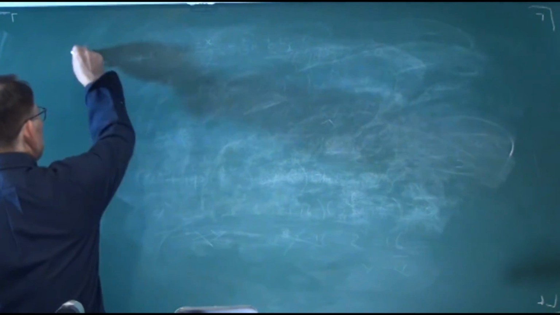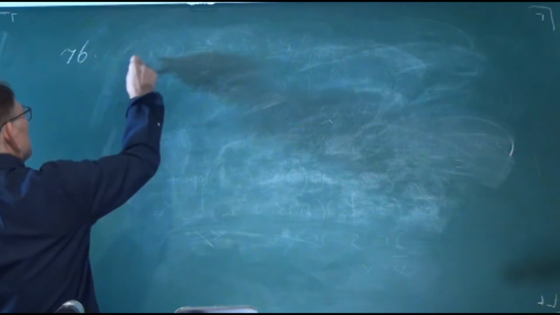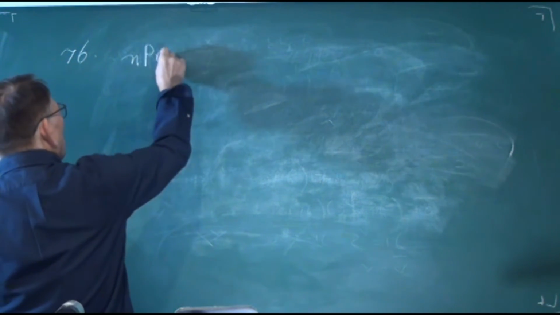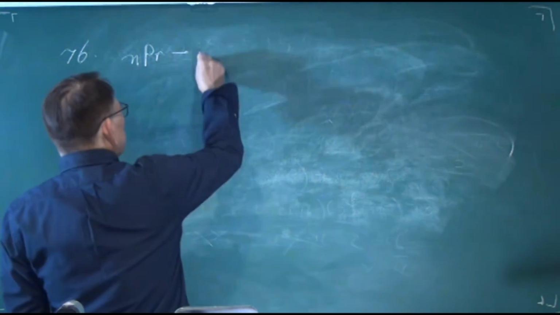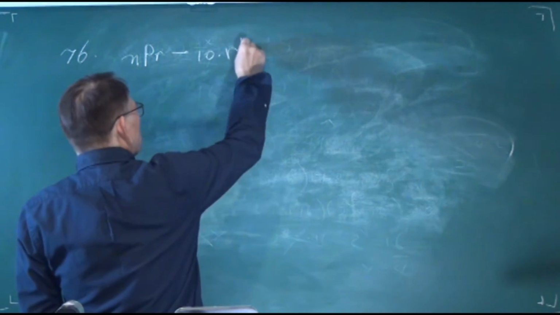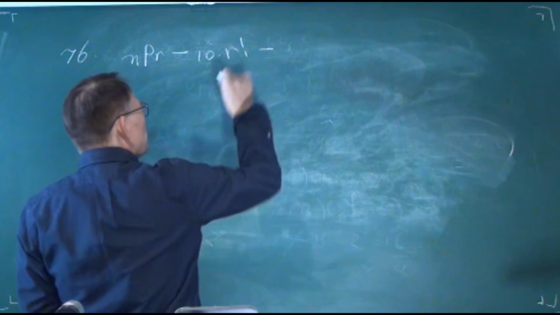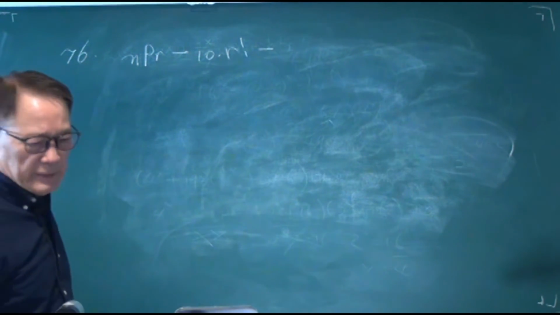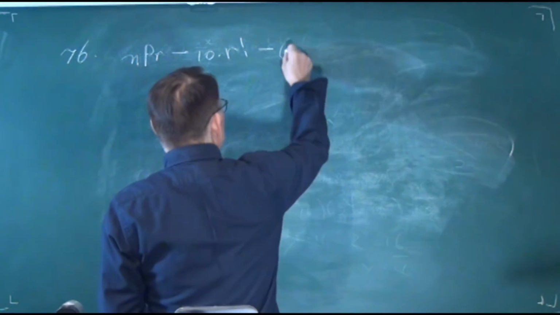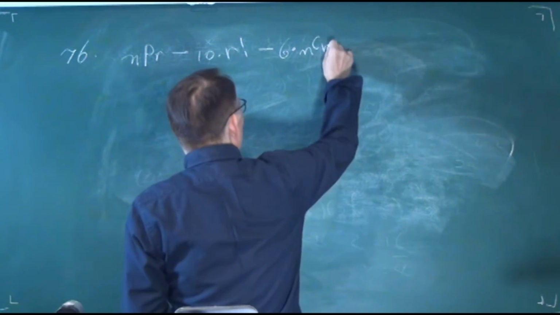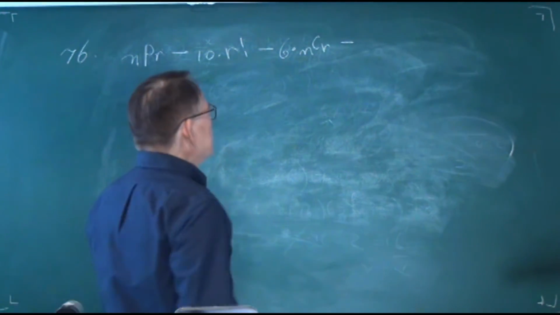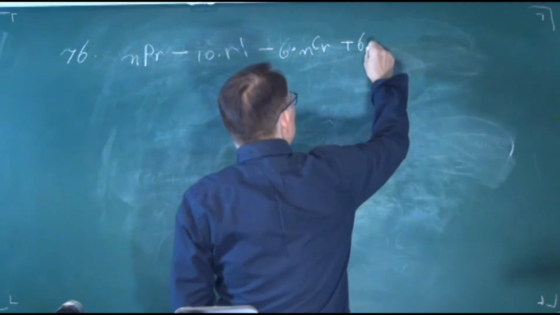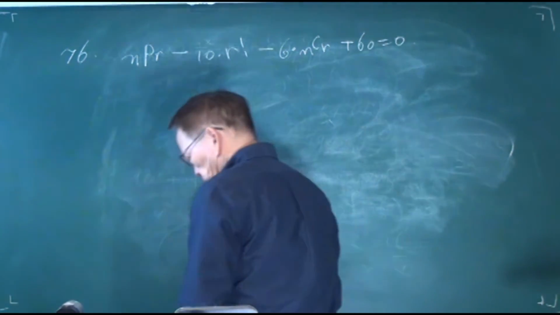The given problem number 76 is nPr minus 10 times r factorial minus 6 times nCr plus 60 equals 0.